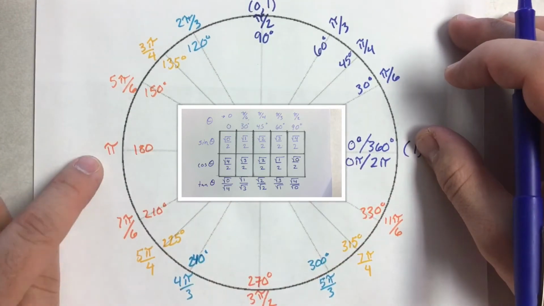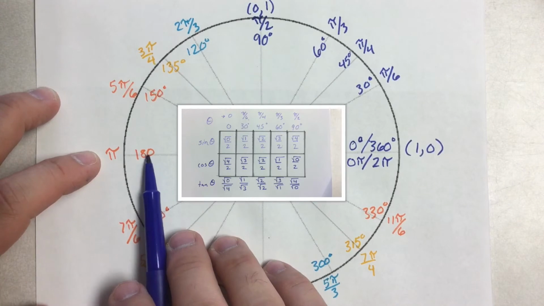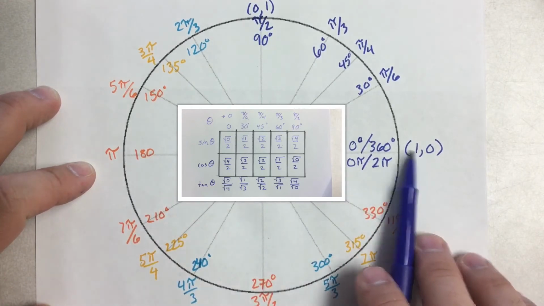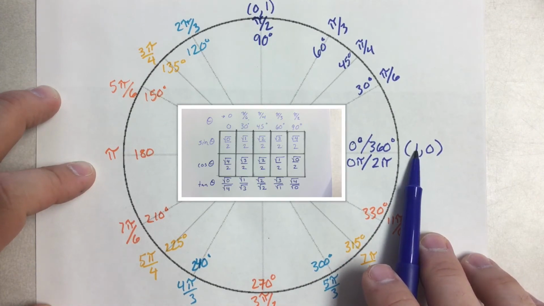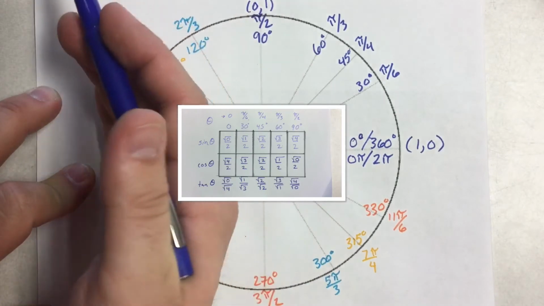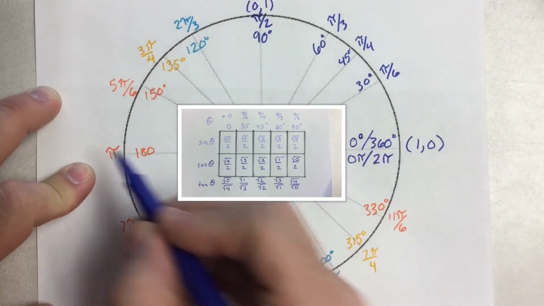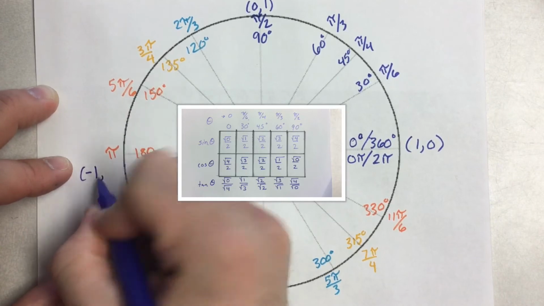Now, continuing that. If I look at 180 degrees, I knew that cosine of 0 degrees is positive 1. So on the other side of the y-axis, where cosine is negative, cosine of pi will be negative 1.